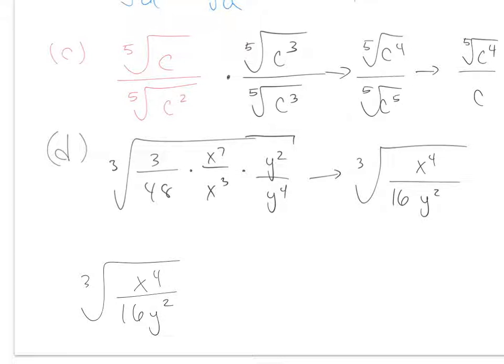So what's a perfect cube that's close to y squared? What can I make y squared into to make it a perfect cube? Y to the third, or y cubed. So this is currently y squared. I want to make it y to the third. So what do I have to do? Multiply by y on both the numerator and denominator.